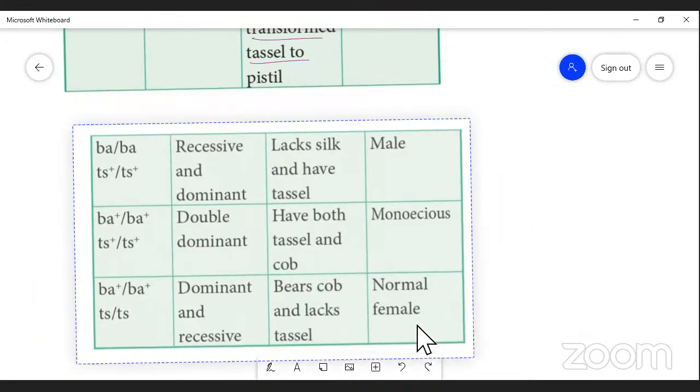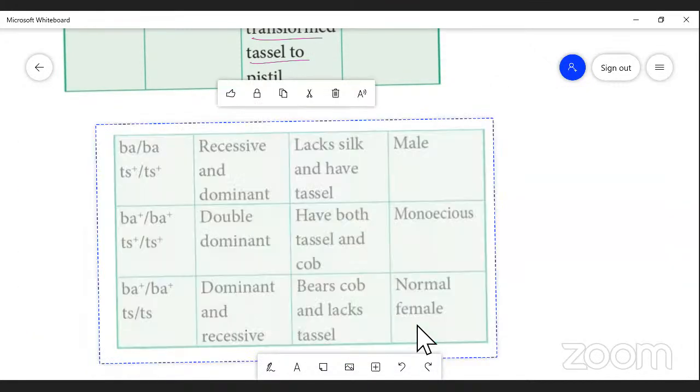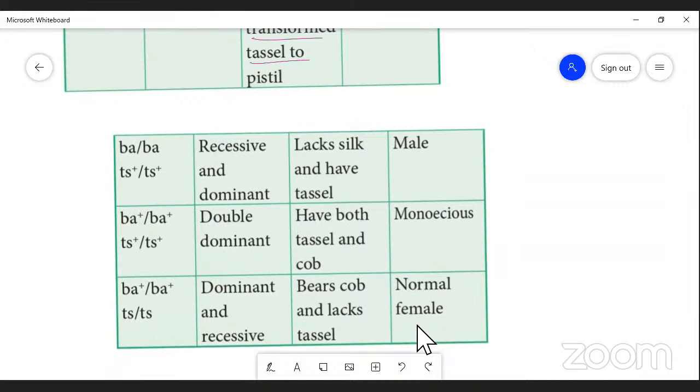My dear students, you can understand here that one allele is dominant and another, small ba, is a recessive allele, which is responsible for the determination of femaleness. Whereas ts plus, this is a superscript that indicates a dominant character.